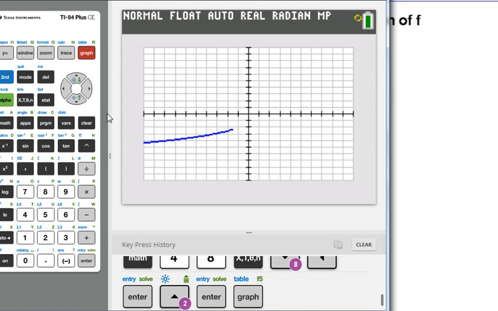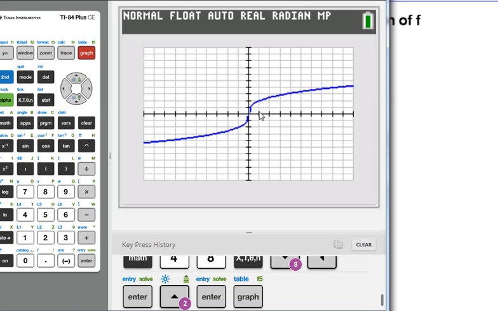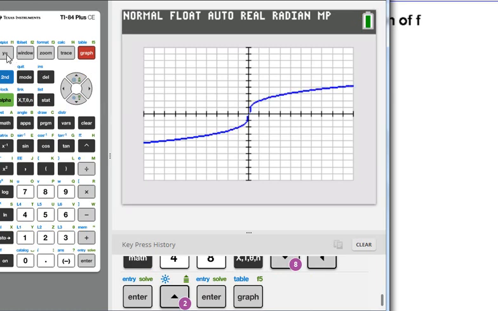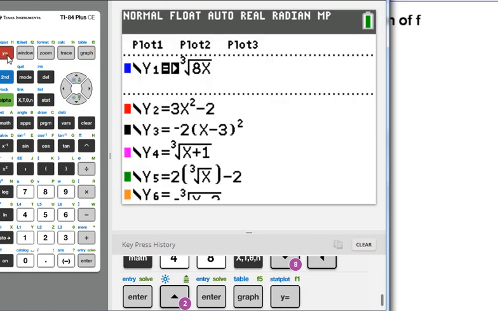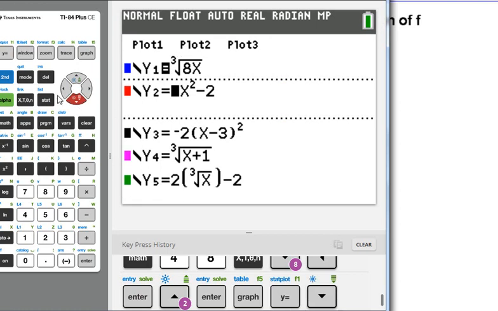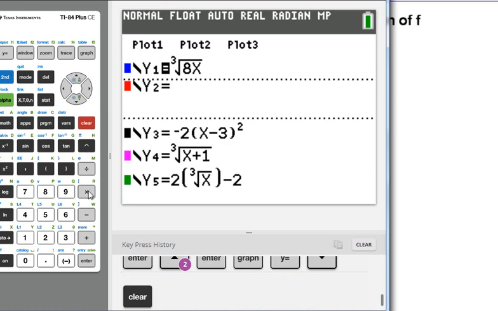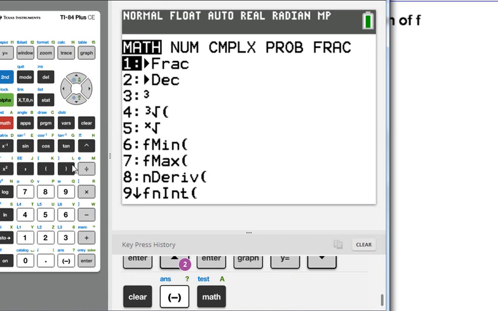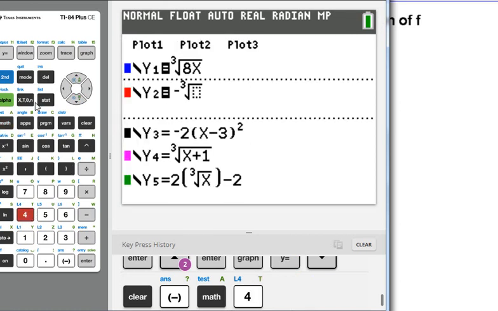So there it is, that's the cube root function. And to turn this upside down about the x-axis, we'll put negative cube root of 8x.